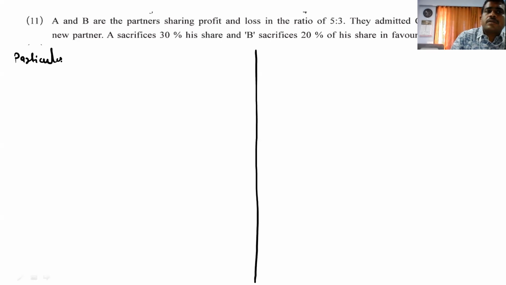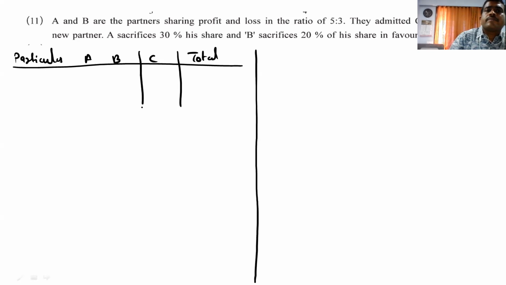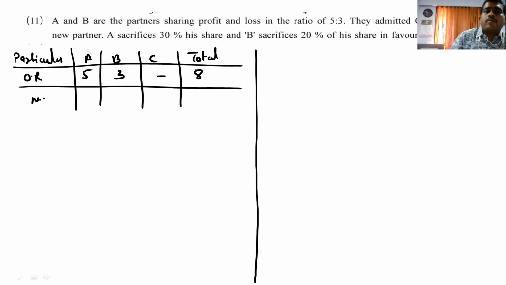Particulars: A, B and C, and finally total. Old ratio 5, 3, total comes 8. New ratio we have to just calculate.